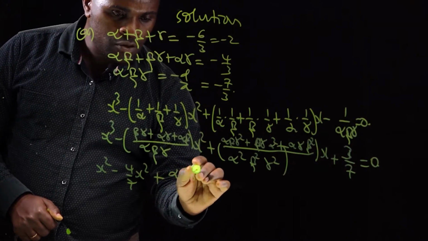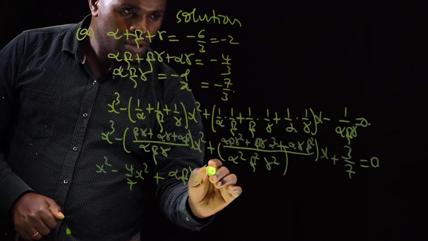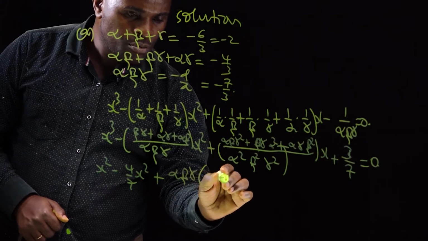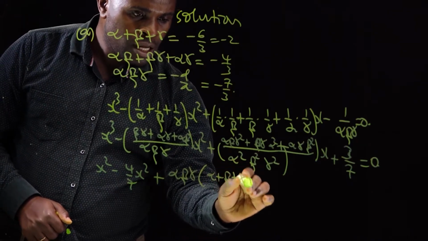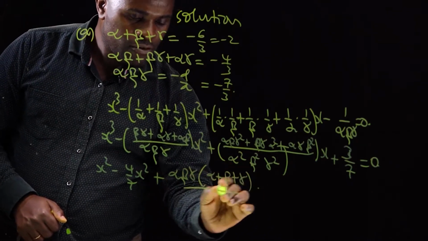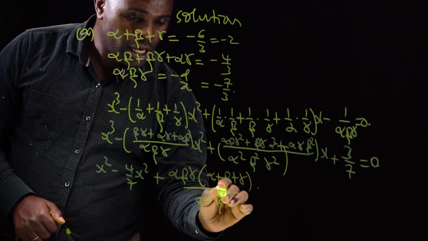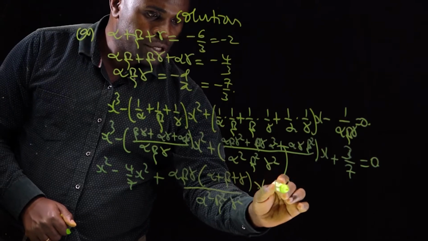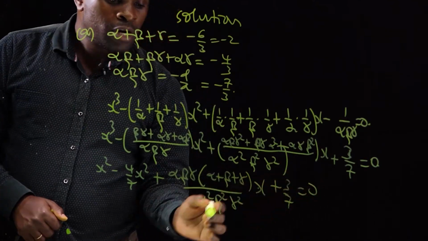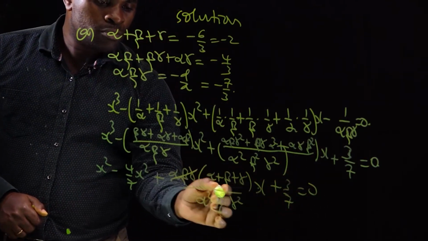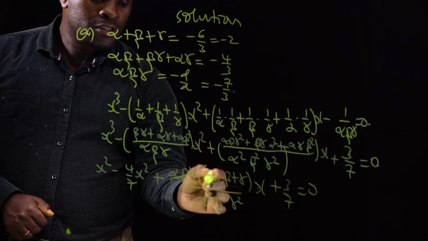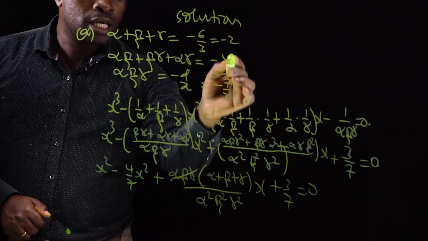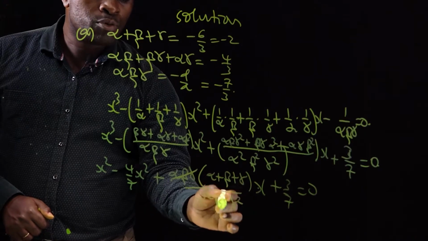Alpha beta gamma outside, so here you're getting alpha plus beta plus gamma, with the denominator alpha square, beta square, gamma square. But this contains x with plus 3 over 7 equals 0. This one reduces by 1 here, so we'll be having the same. Putting the sum of roots here, negative 2, and here the product of roots.